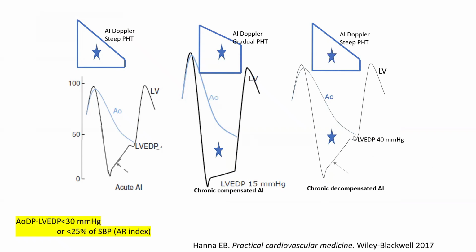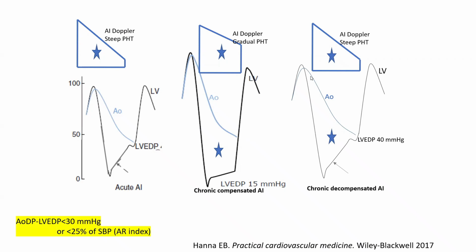When the difference between those two, aortic diastolic pressure and LVEDP, is less than 30 millimeter of mercury or less than 25% of the systolic blood pressure, the so-called aortic regurgitation index, when you have that narrowing of that difference, then this is very suggestive of AI.